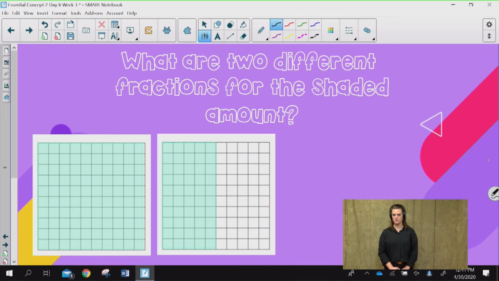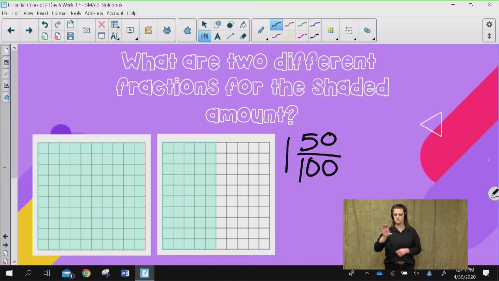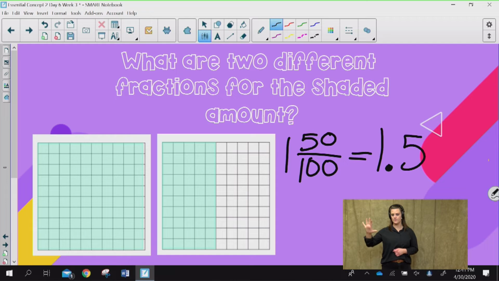All right, so let's look at this one. How many wholes do we have? 1 whole. All right, what's our fraction in this grid? 10, 20, 30, 40, 50. So I have 1 and 50 hundredths. So my decimal would be 1 and 50 hundredths.